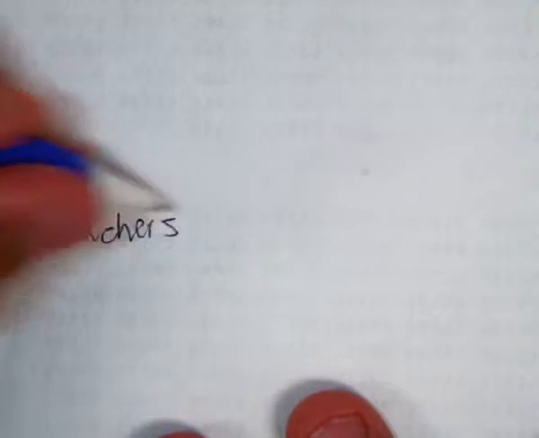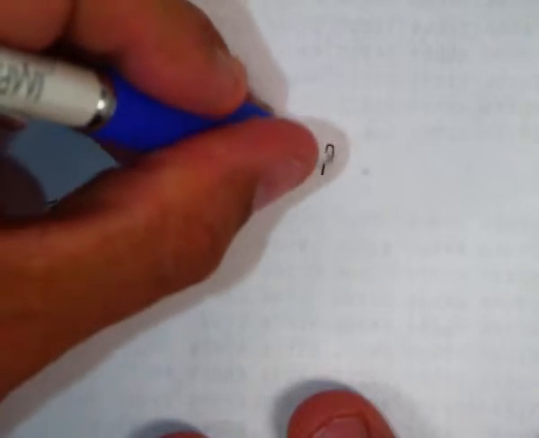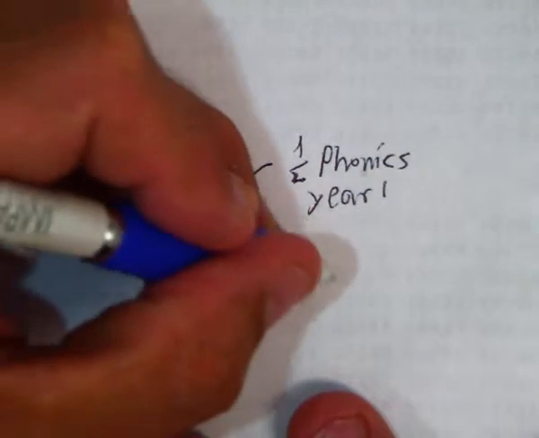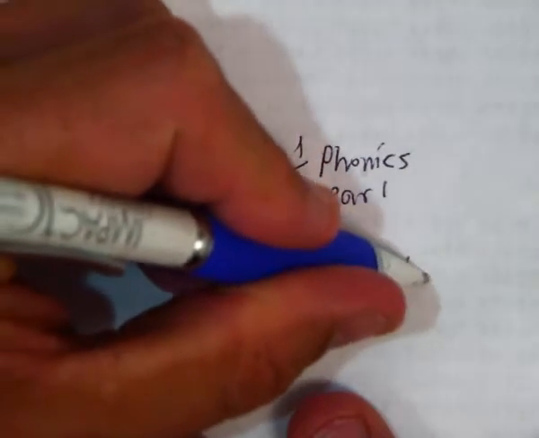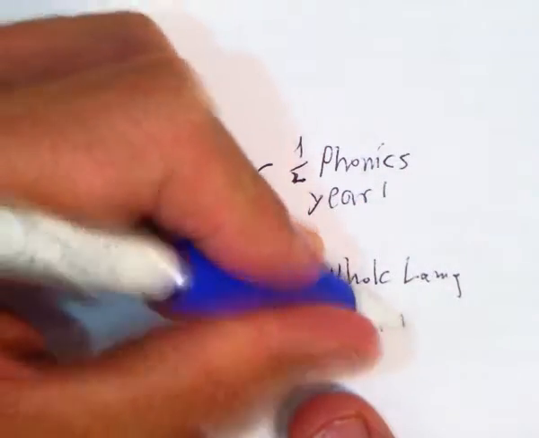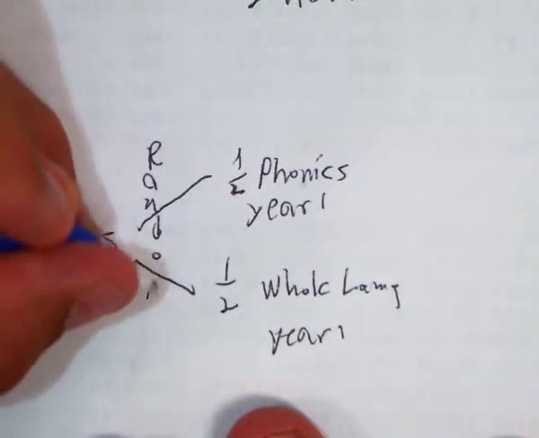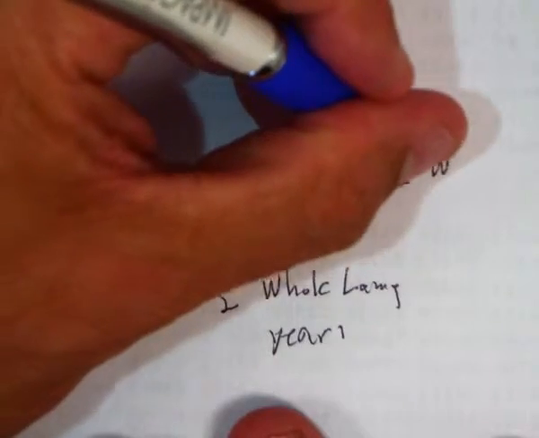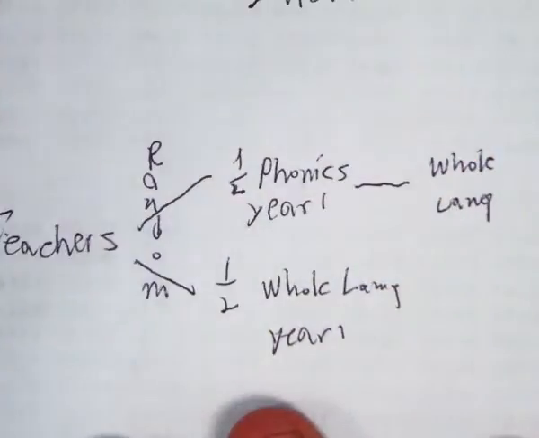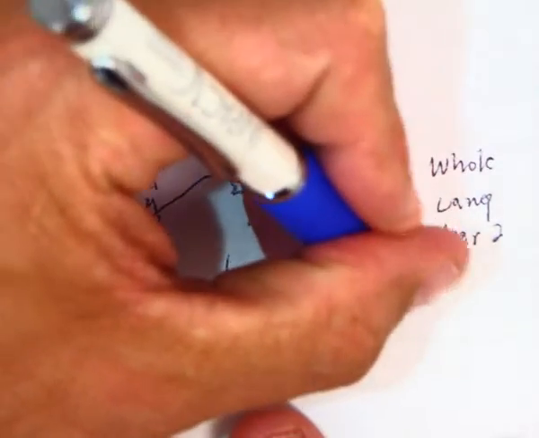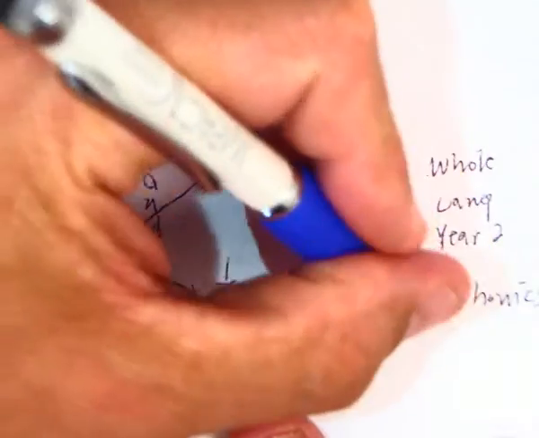So another way to go about this is we would do the teachers, and then half would teach phonics year 1 and half would teach whole language year 1, and then these guys, of course that would be randomly assigned, and then these guys would teach whole language year 2, and these guys would teach phonics year 2.